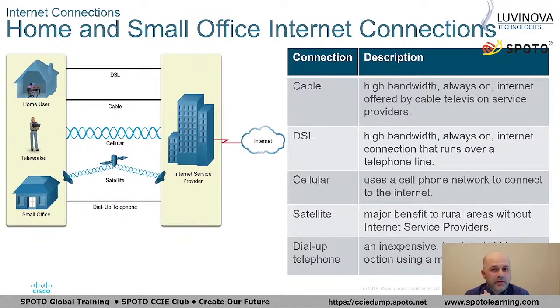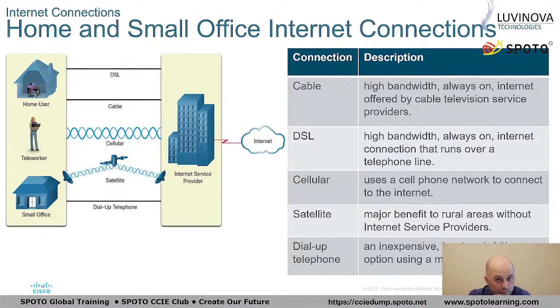You have an ISP, an internet service provider, which provides you the internet. You receive that internet through the modem. Then from the modem, you connect with a cable to your wireless router, and from the wireless router you redistribute the signal inside your home.